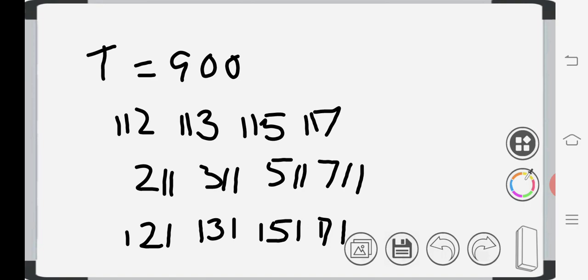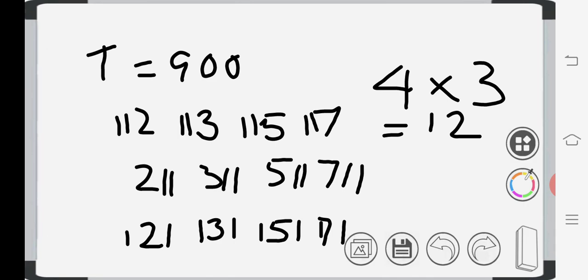And taking the products of all digits, we get the same numbers 2, 3, 5 and 7. All these are prime numbers. So we get 4 numbers in 3 rows. That is 4 into 3 is equal to 12.